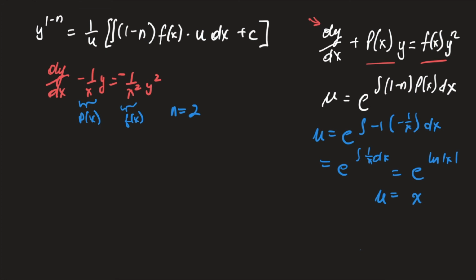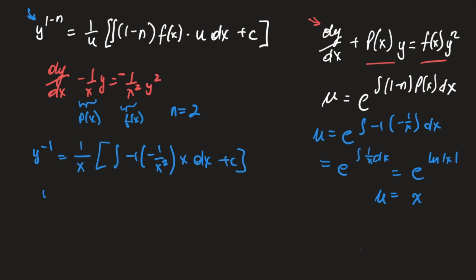Now that I know that, I can go back into this equation again and start plugging everything in. So we have y to the 1 minus n, which is 1 minus 2, which is negative 1, is equal to 1 over u, and in our case u is x, times the integral of 1 minus n again, which is negative 1, times f of x, which is negative 1 over x squared, times u, which again is x, dx plus c.